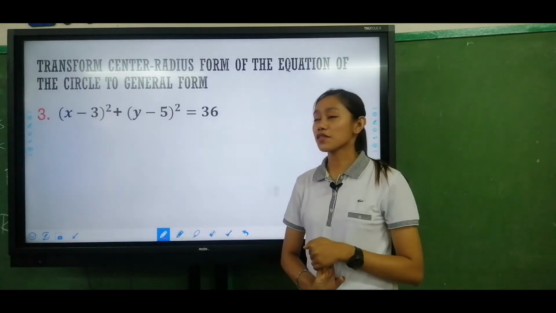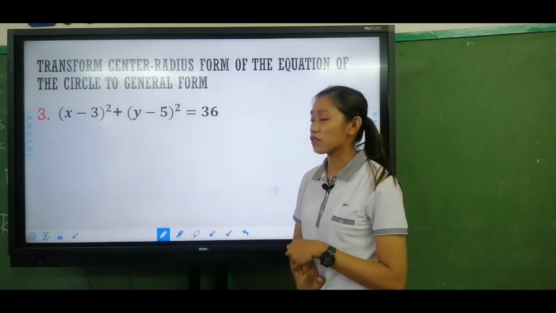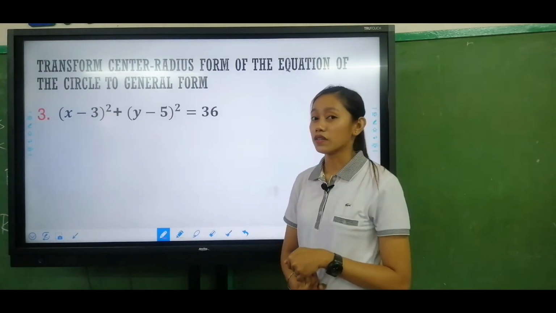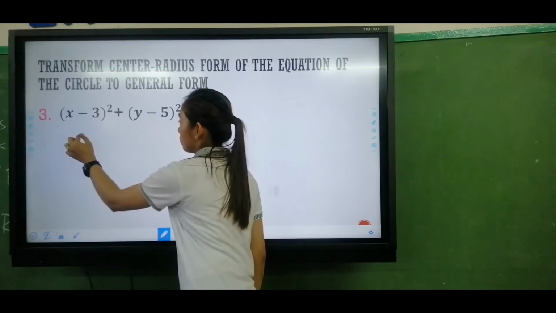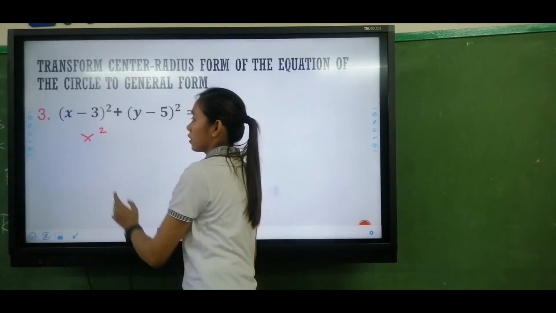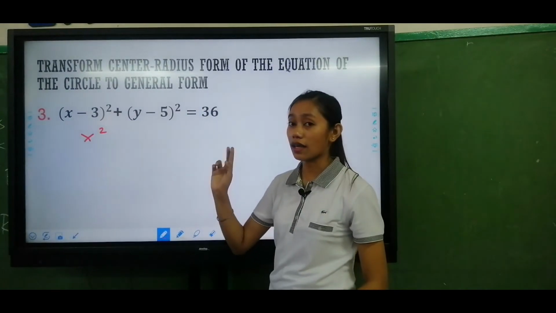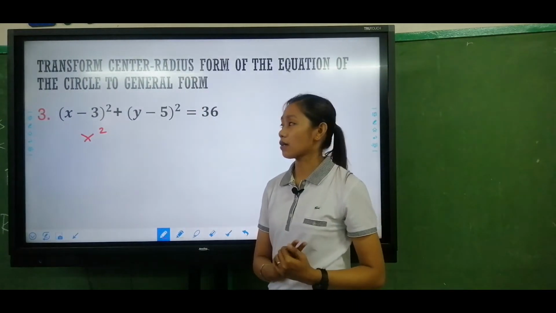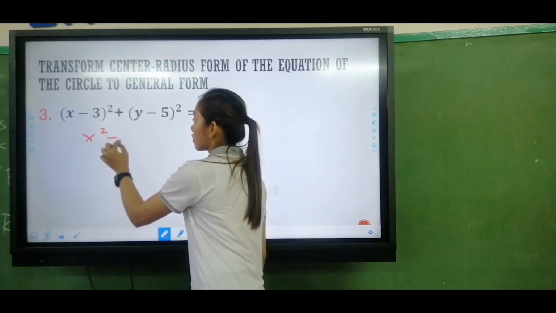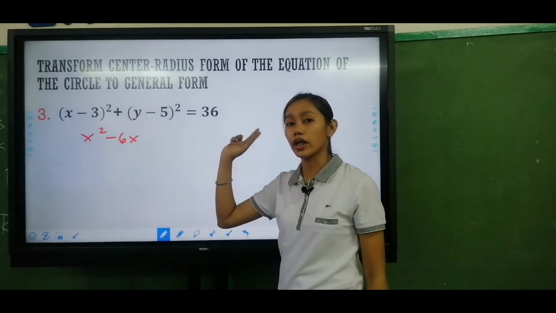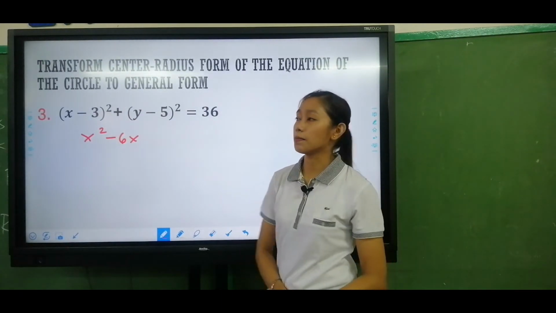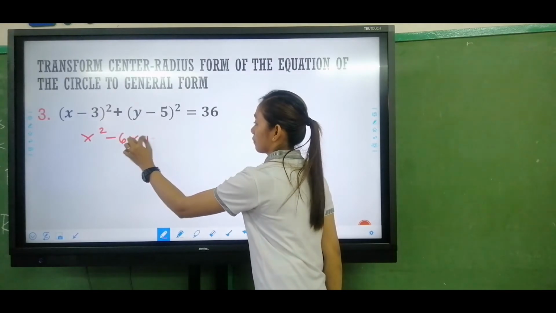Let's have number 3. x minus 3 squared plus y minus 5 squared is equals to 36. 3 steps, square your first term. So again, this will be x squared. Next, multiply negative 3 times x, negative 3x times 2, negative 6x. Next, negative 3 squared, negative 3 times negative 3, positive 9.